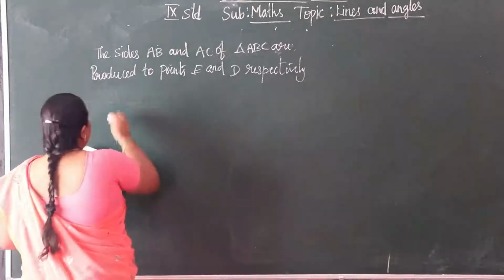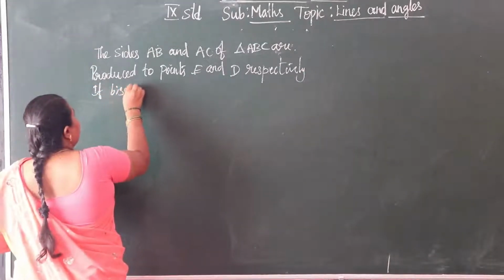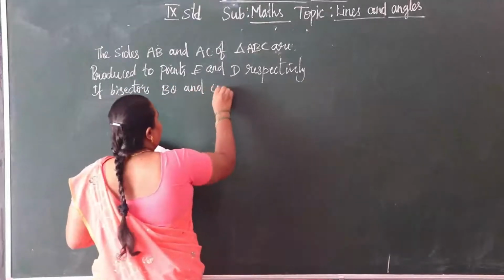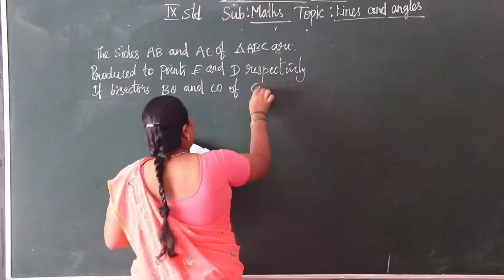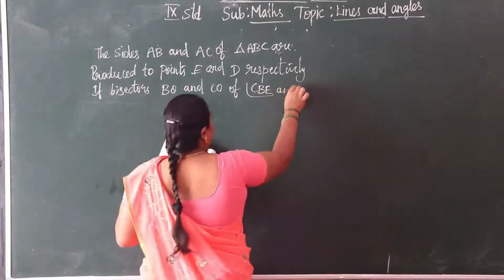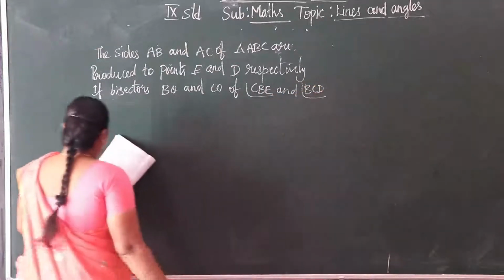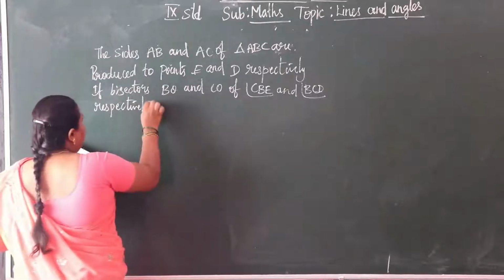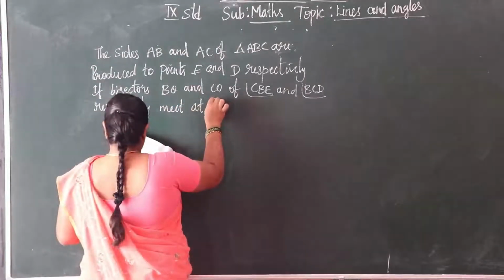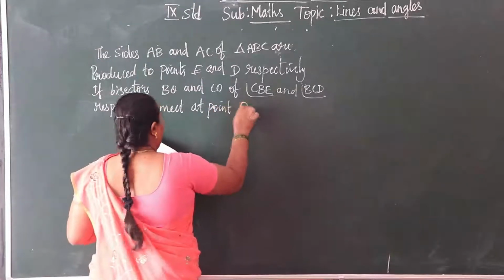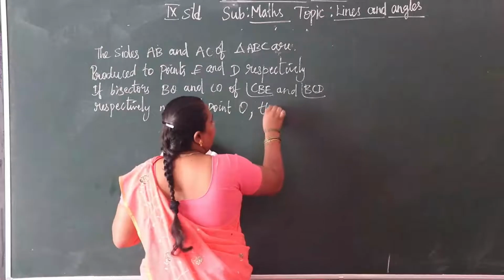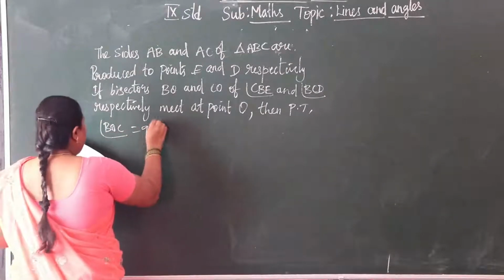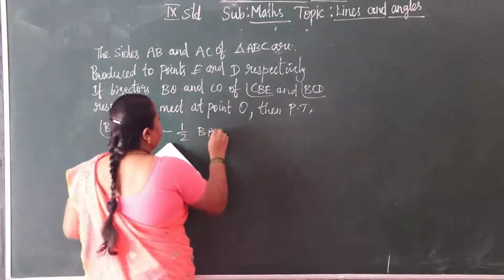If the bisectors BO and CO of angle CBE and angle BCD respectively meet at point O, then prove that angle BOC equals 90 degrees minus half of angle BAC.